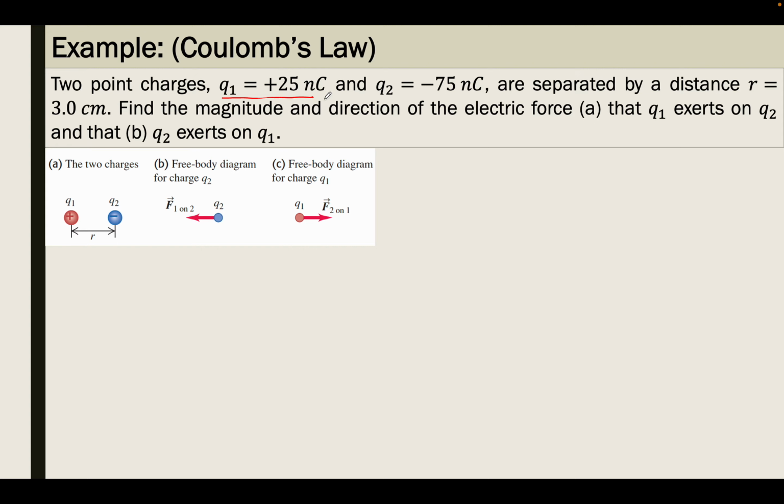Okay, so what is the value of nano? By the way, let's say 1 nano Coulomb. So 1 nano Coulomb is equivalent to 1 times 10 to the power of negative 9 Coulomb. So meaning, nano is a prefix. So we have 1 nano is equivalent to times 10 to the power of negative 9.